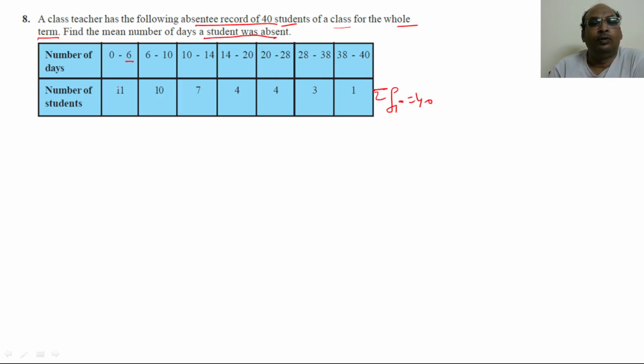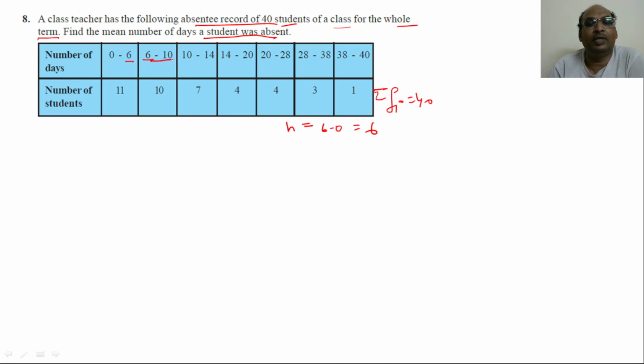The upper class limit of the previous class and the lower class limit of the next class are the same, no problem. We will continue with our calculation. Class size 6 minus 0, so 6. But here let us see that class size is different.